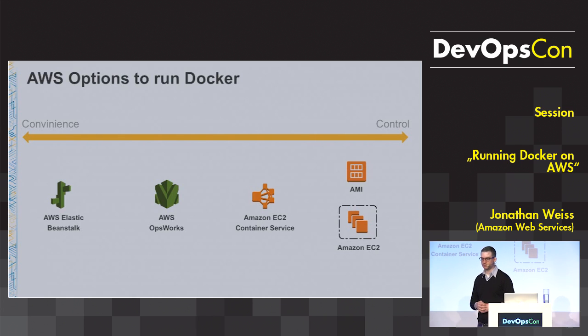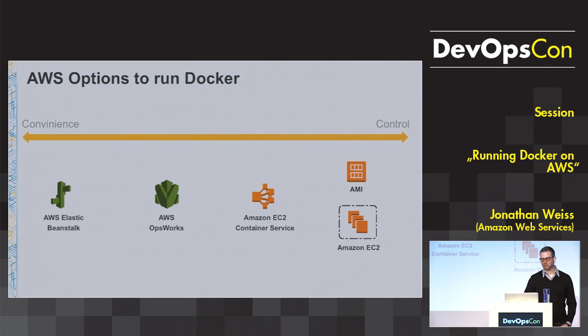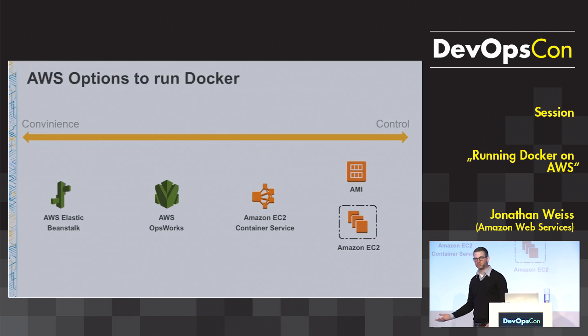That's the more sophisticated solution, but you still have to do a lot of legwork yourself. Then there's AWS OpsWorks, which is a more high-level management framework that uses automation to provide you with more convenience. And then there's Beanstalk, which is a much more simple and streamlined experience, but it's a little bit more limited in what it can do.